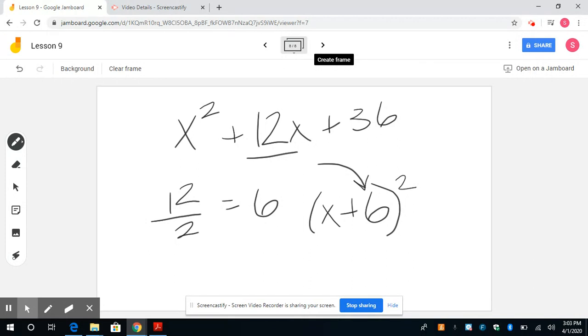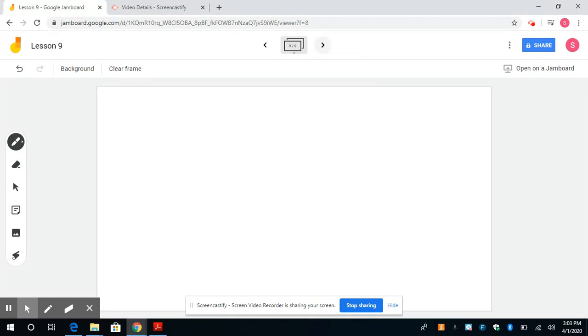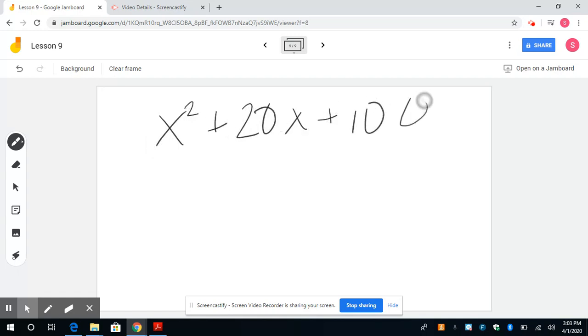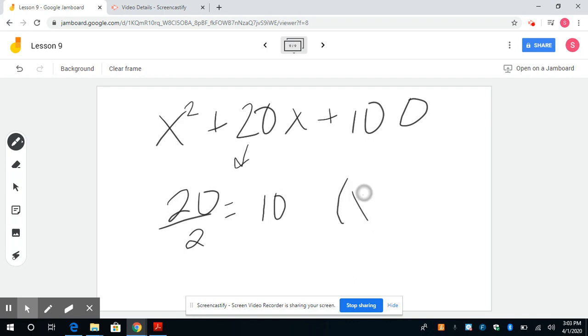Okay, and if you did this out, it would work. So if we try a different one, now we have x squared plus 20x plus 100. Is this a perfect square trinomial? It is. All you have to do is take half of this term, which is 10, and that will be the number that you use in your factored form.